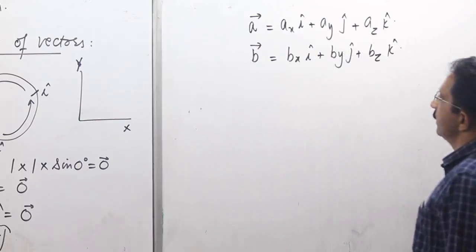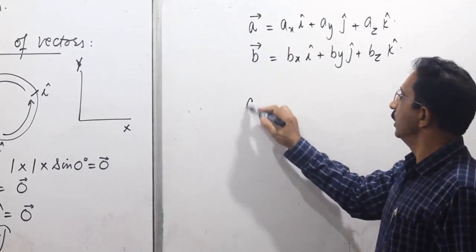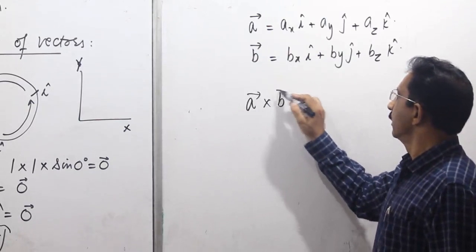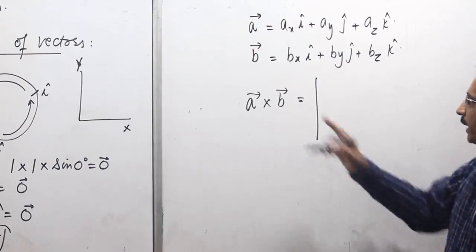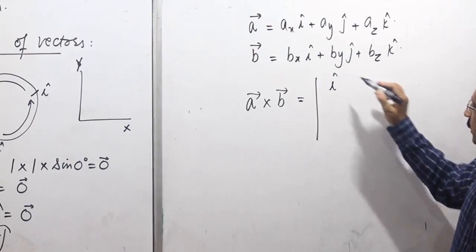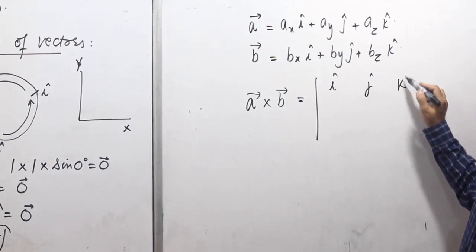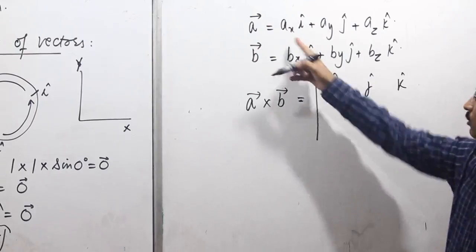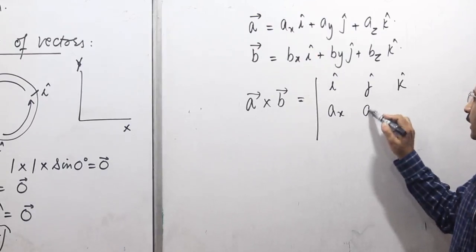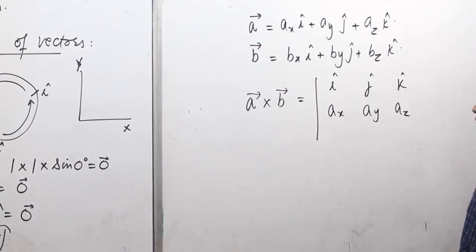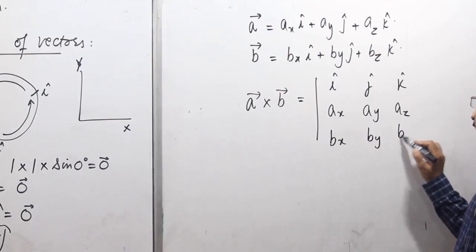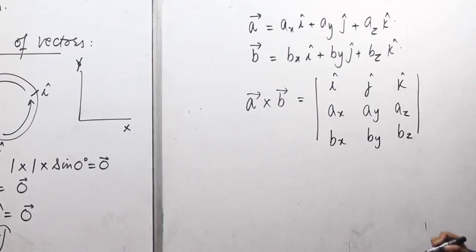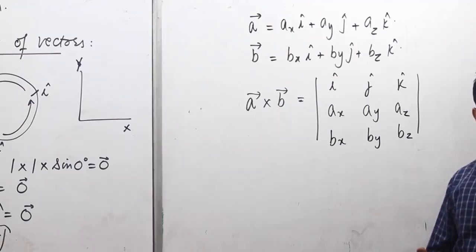Now there is a very simple way of determining A cross B. We make a determinant out of these two vectors, taking the first row as I cap, J cap, K cap, the second row as AX, AY, AZ, and the third row as BX, BY, BZ. The moment you expand this determinant, you have the cross product of these two vectors.